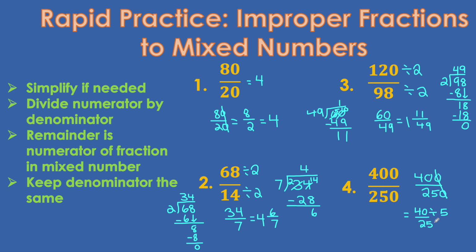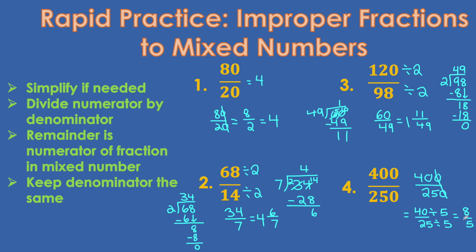Divide top and bottom by 5. 40 divided by 5 equals 8. 25 divided by 5 equals 5.